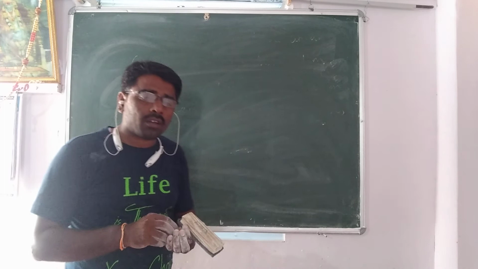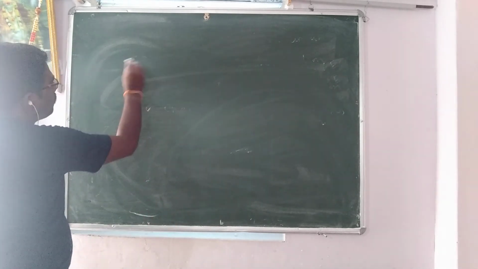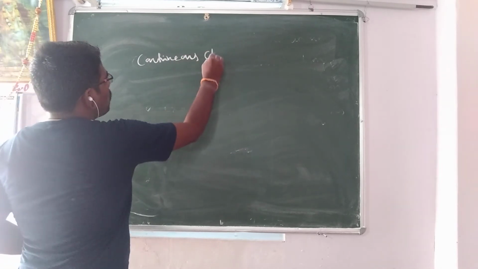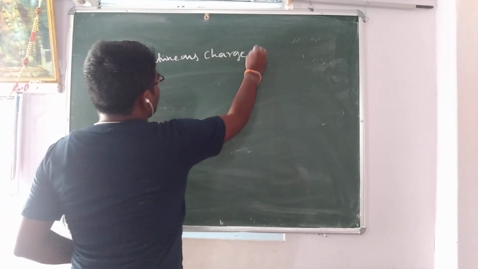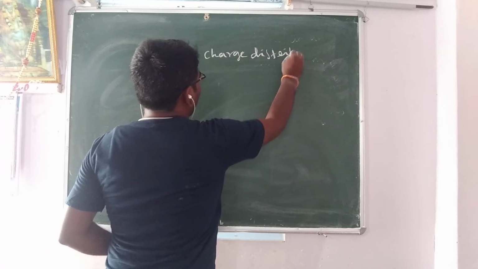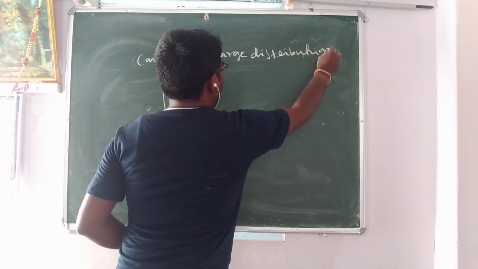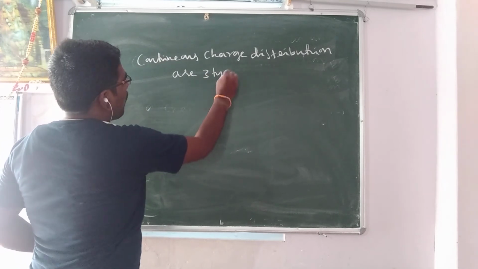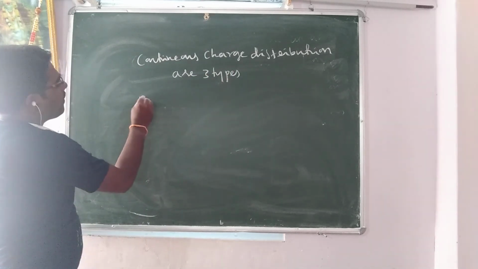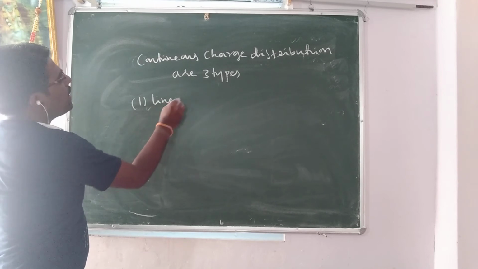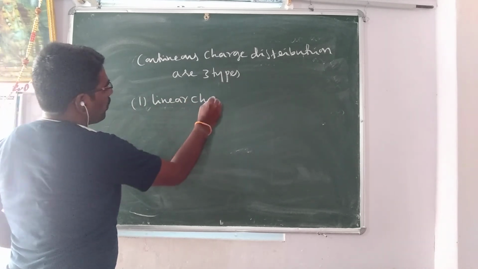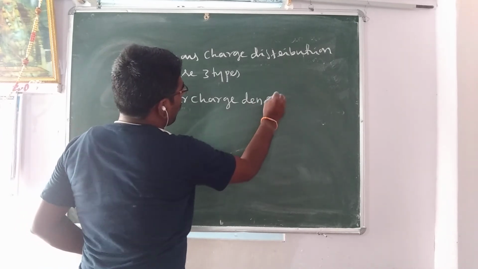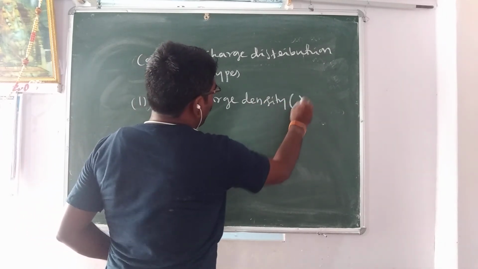Continuous charge distributions are of three types. First is linear charge density, lambda.